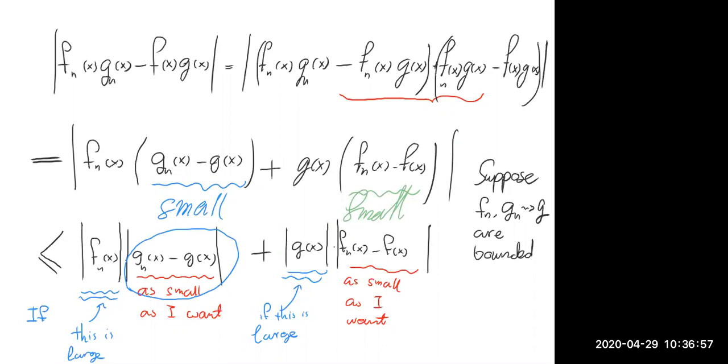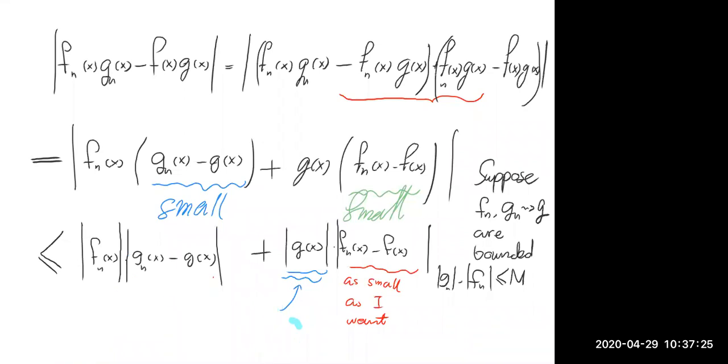So say both of them are bounded by M. It would imply G is also bounded by M. So if they are bounded, let me erase these things.